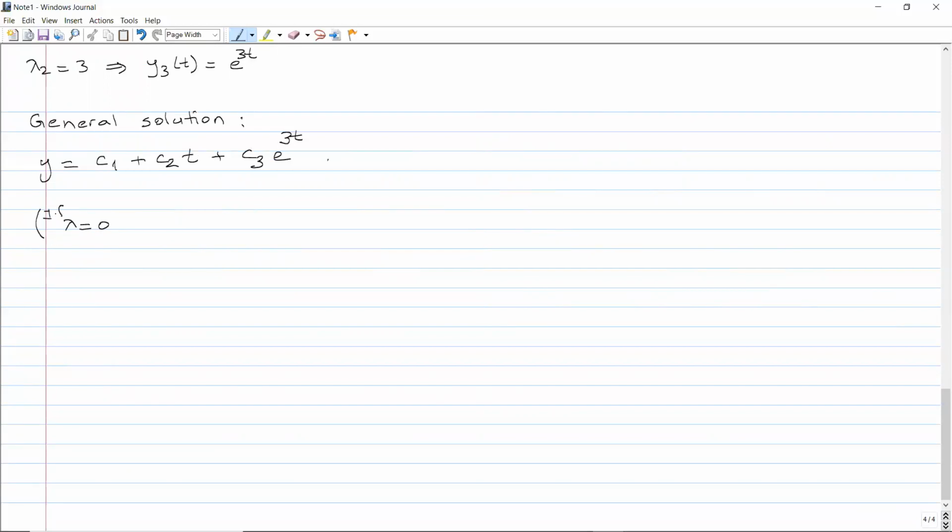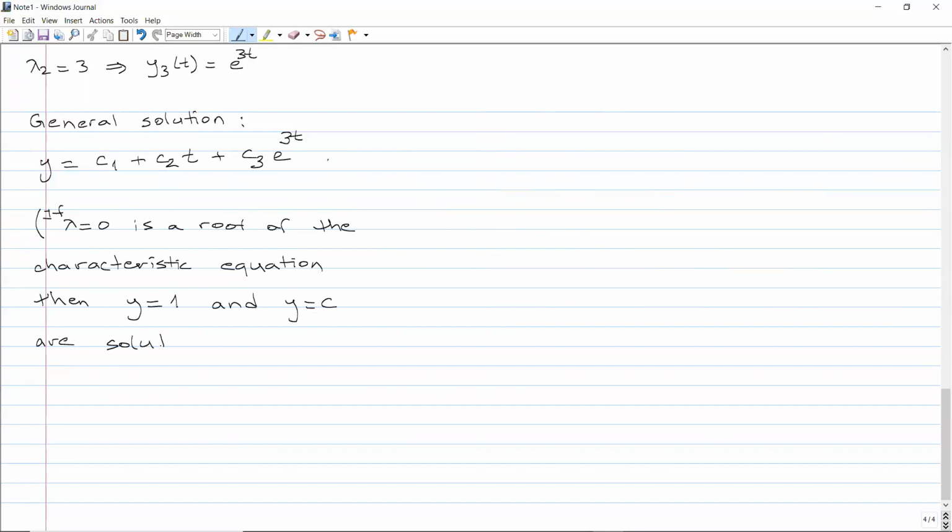If lambda equals 0 is a root of the characteristic equation, then y equals 1, and consequently y equals c, are solutions for any c.